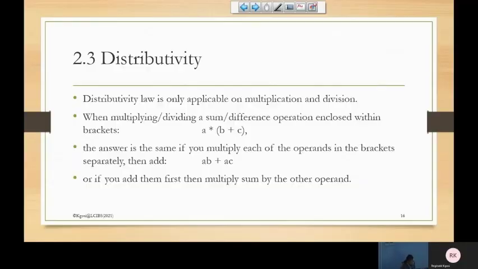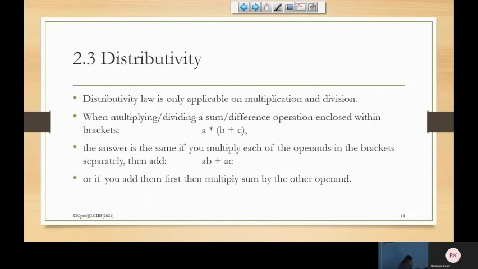First one there, A times, see that's the multiplication, on in addition, B plus C. What this means is you can either do the BODMAS by adding the B and C first to get the answer, and then multiplying that answer by A. You can do it that way, it'll give you the result.